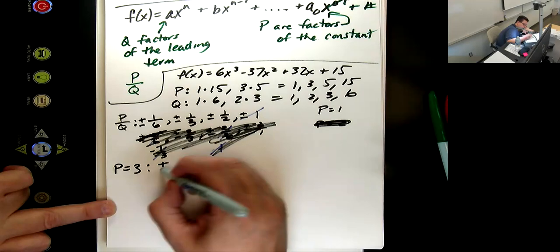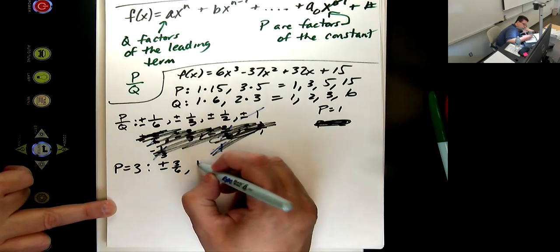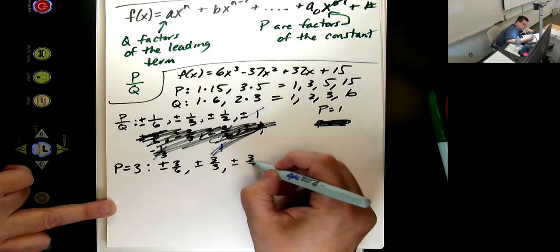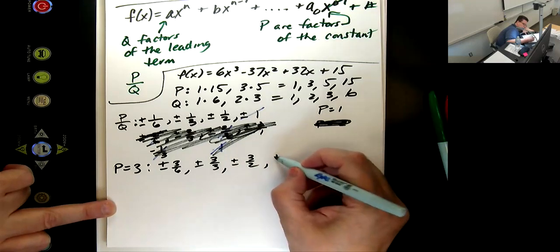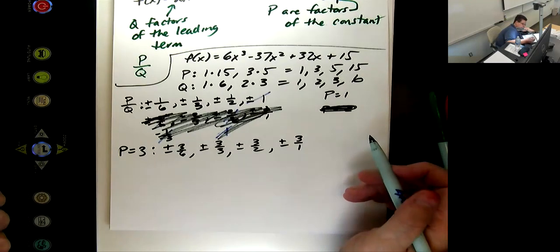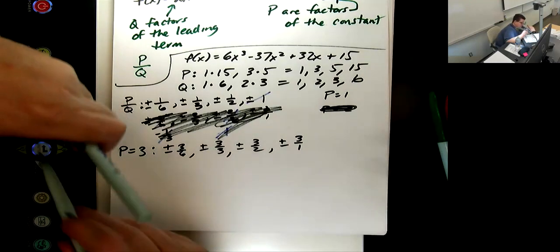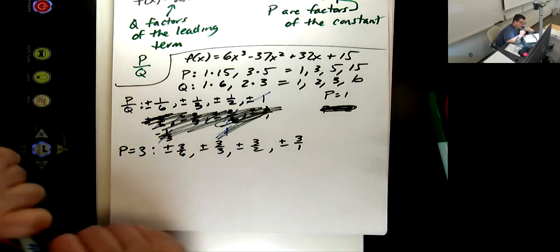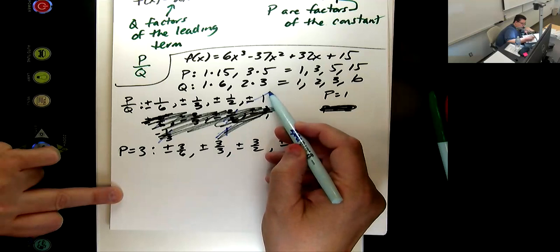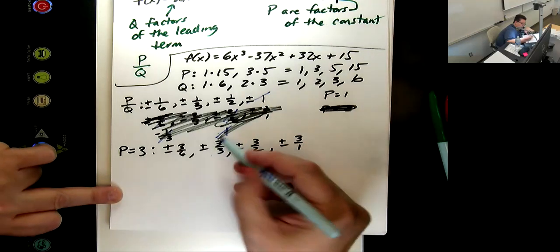I've got plus or minus 3/6, plus or minus 3/3, plus or minus 3/2, plus or minus 3/1. I still have the plus or minus 1 right here.